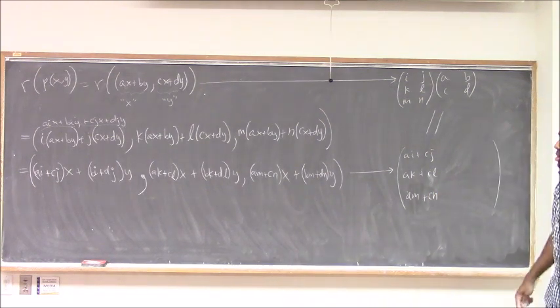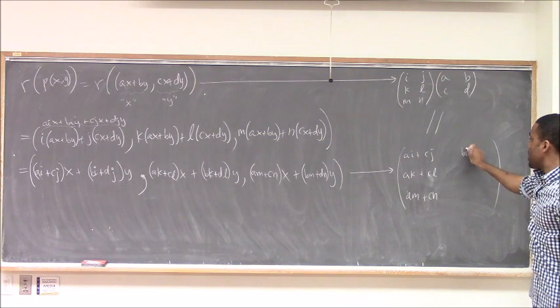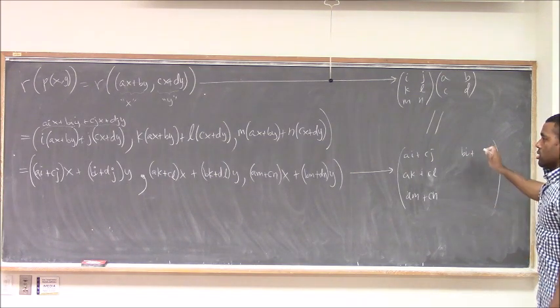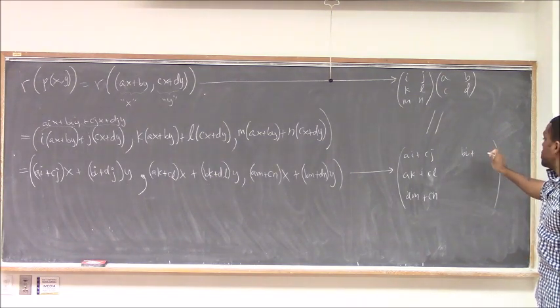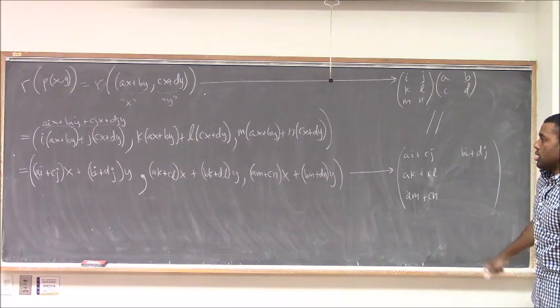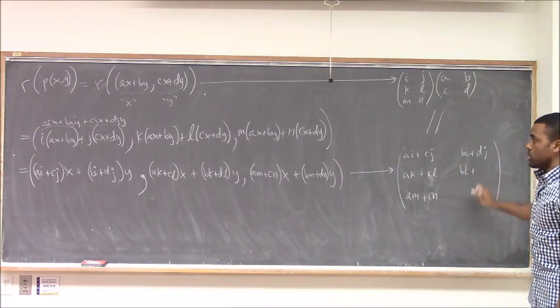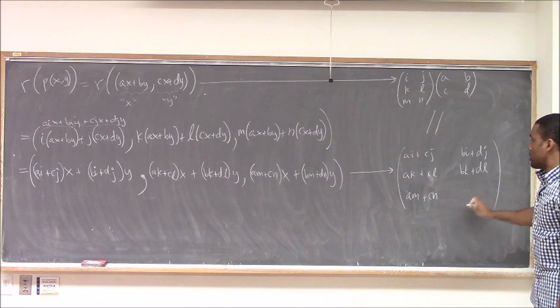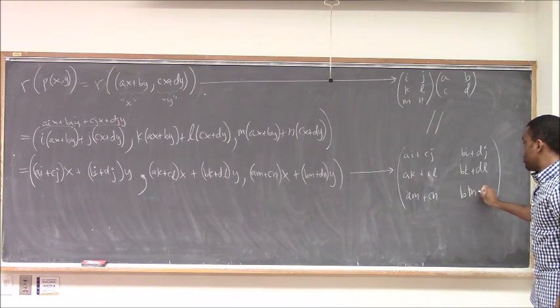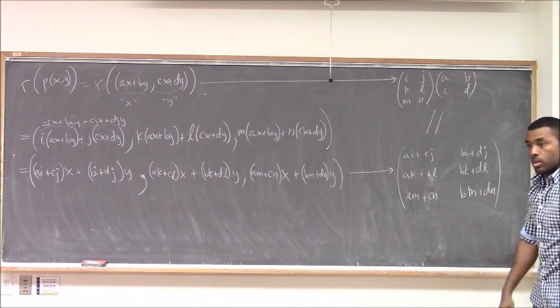If I write down all the Y's now, I have BI plus DJ. Then I would have BK plus DL. Then I would have BM plus DN.